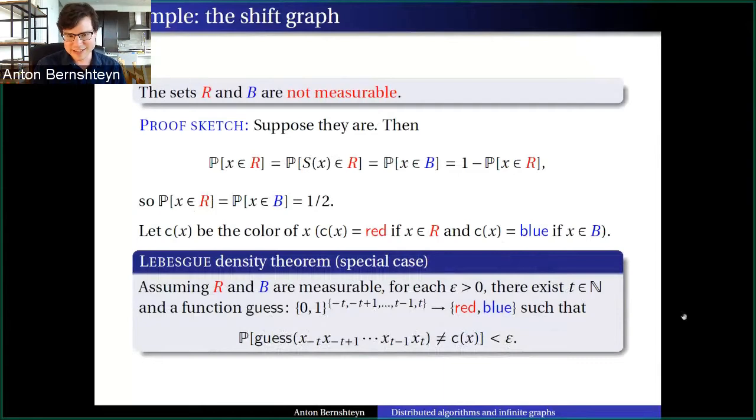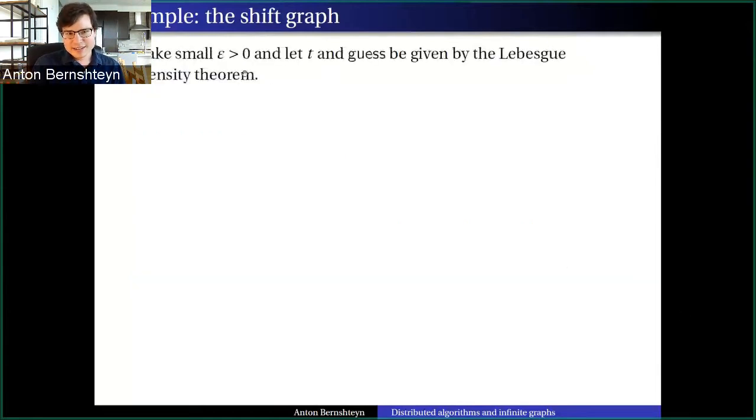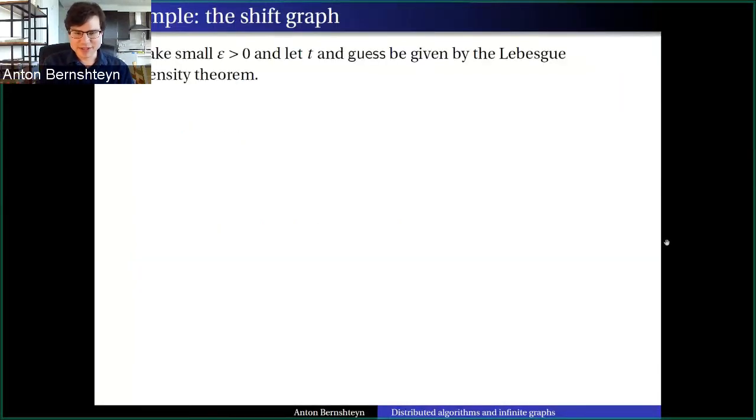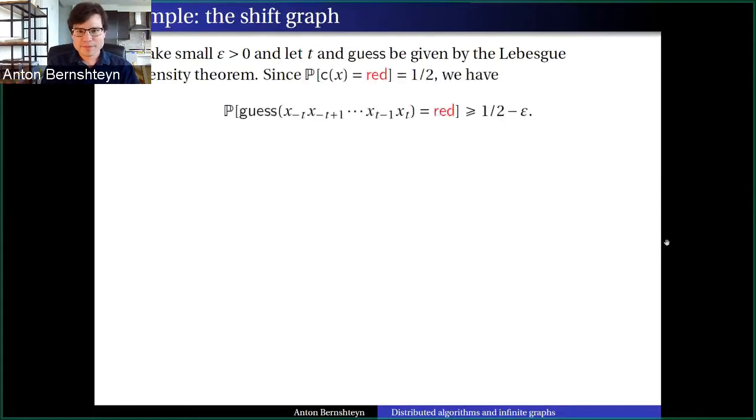So let's do this. Take a really small epsilon, and let this integer t and this guessing function be as in the Lebesgue density theorem. So I can predict what the color of a vertex is going to be by only looking at finitely many digits with high probability. Now I know that the probability that the vertex is colored red is 1/2.